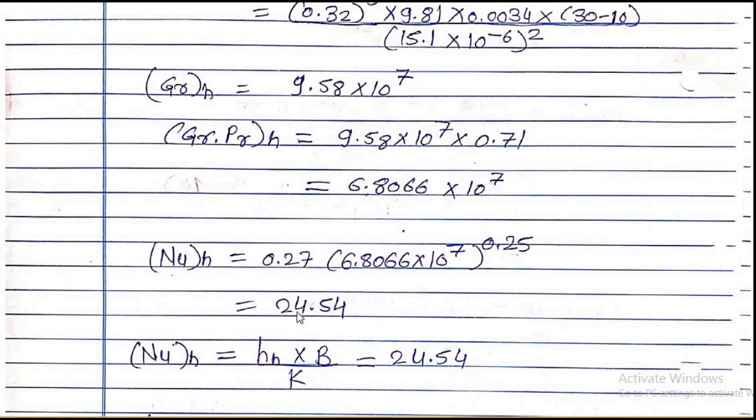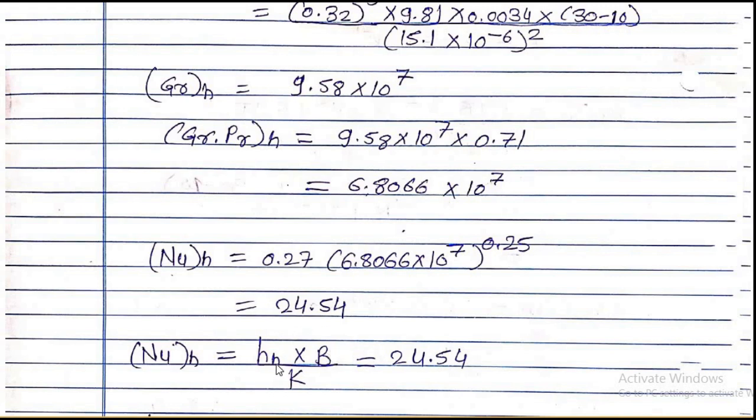On that basis we can find the heat transfer coefficient, as Nusselt number is equal to heat transfer coefficient multiplied by characteristic dimension of the surface divided by K. In the case of a horizontal plate we have to consider the width of that plate as the characteristic dimension, so B will be considered as the width, and 0.32 is the width.